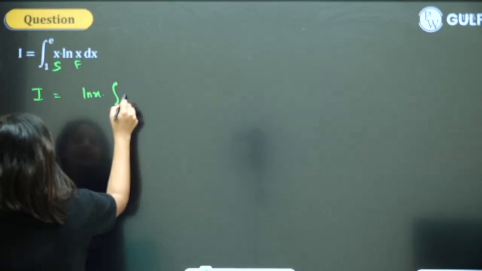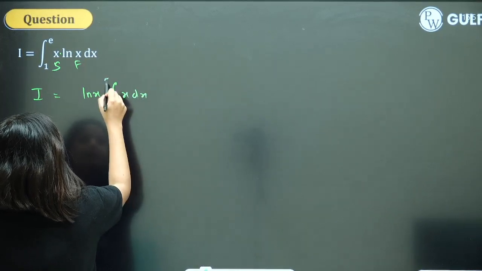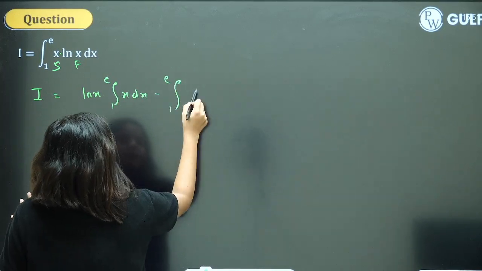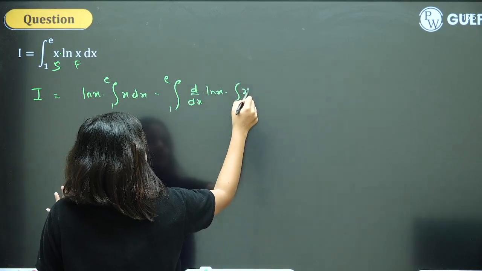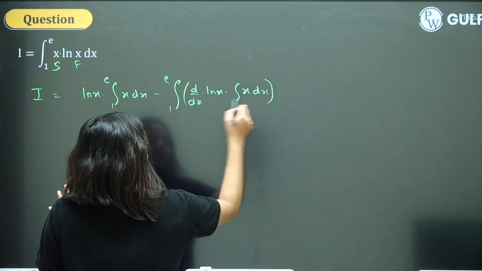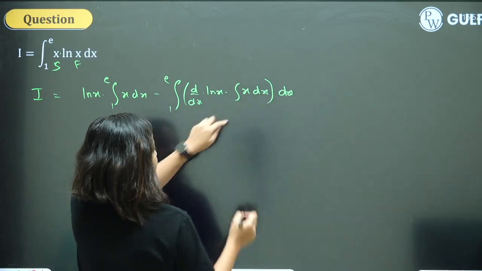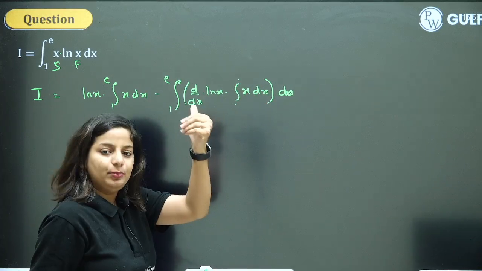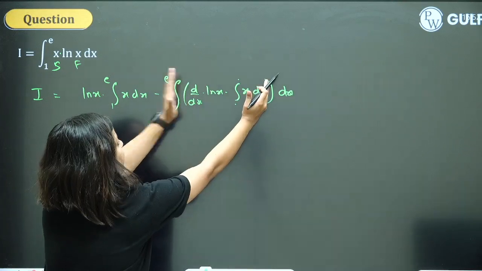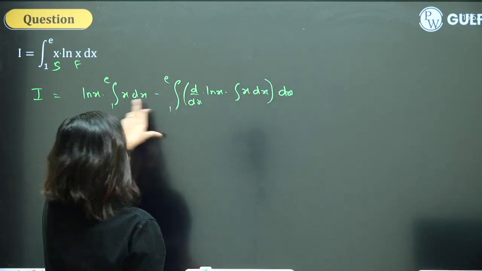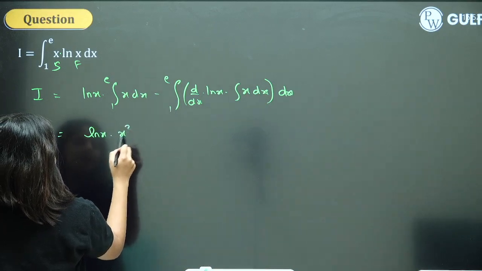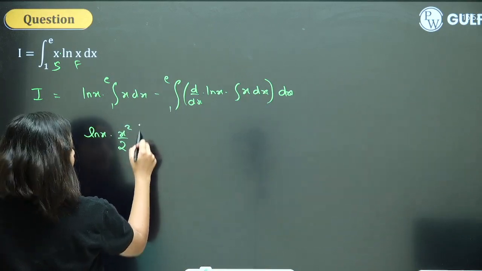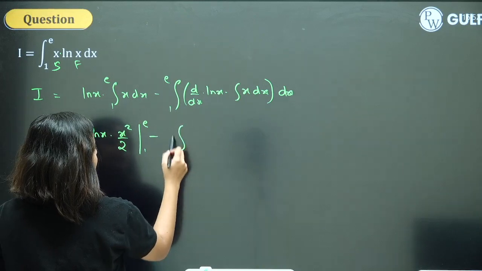First term, integral second term, 1 to e, minus integral derivative of first term, integration of second term. And now dx. Bacho, you will say, ma'am, 1 to e you didn't put. No need, yaar. It's already taken out. So only at these two places needed. ln x, integration of x will be x square by 2, of course 1 to e, minus integral 1 to e.